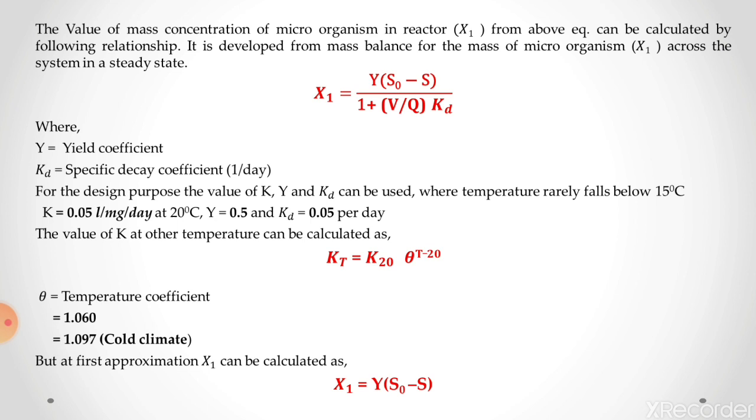and the value will be 0.060 to 0.097; for the cold climate, usually 0.047 is taken.